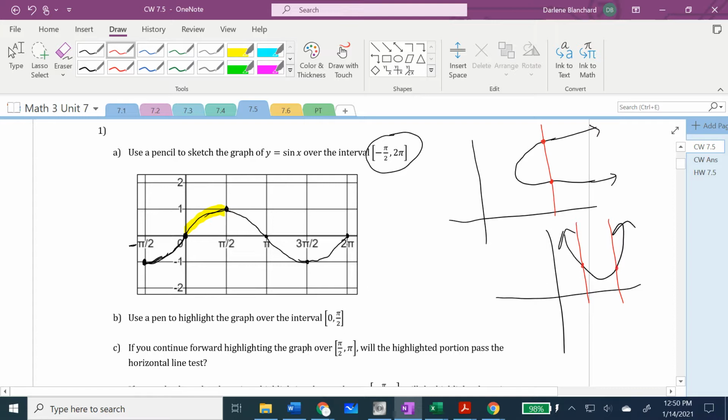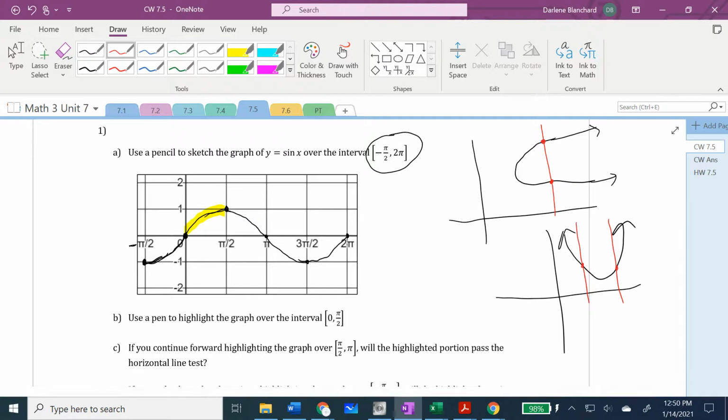Now, the horizontal line test is drawing horizontal lines instead, and it's determining if the inverse of the graph is a function, because with inverses, x's and y's will swap.